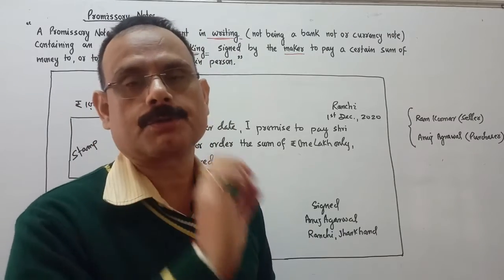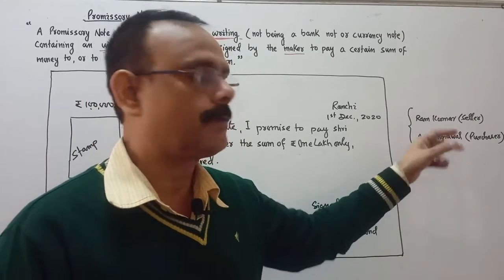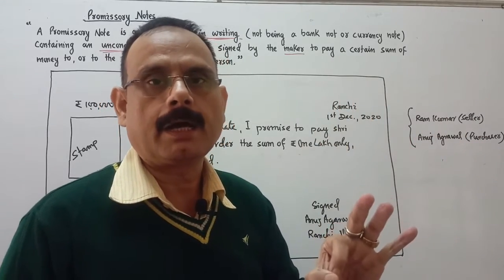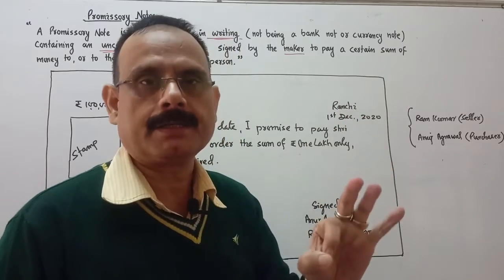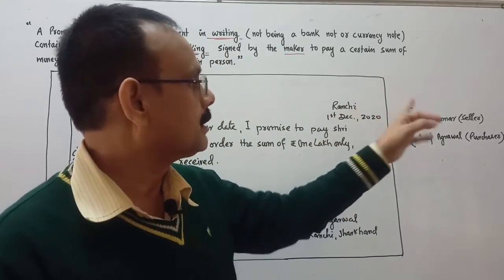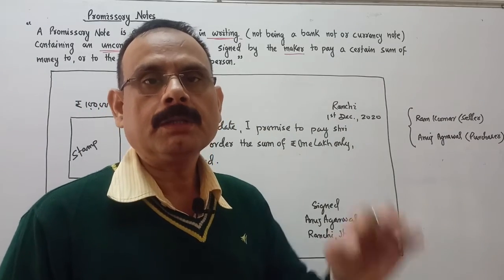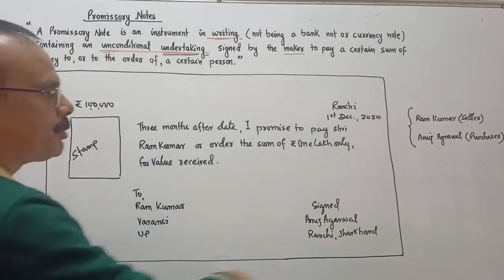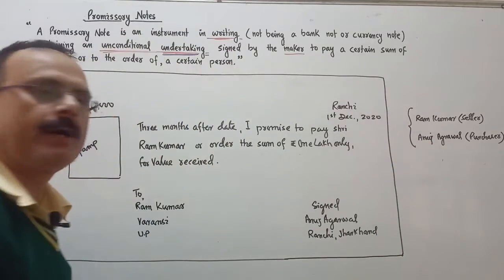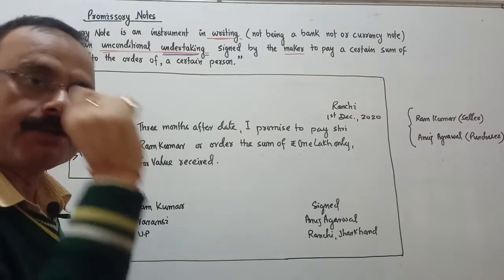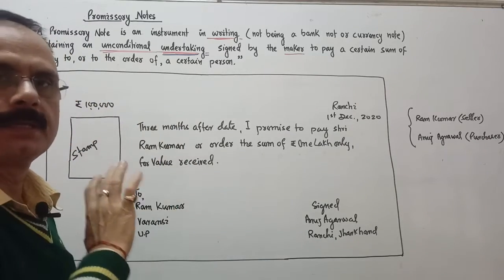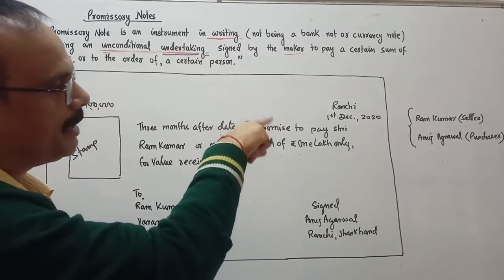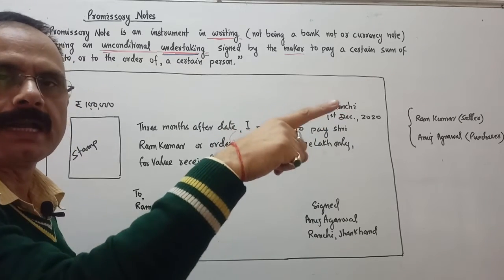Anuj Agrawal promises to pay the amount of the bill to Ram Kumar on the due date, on the terms mentioned. Suppose the amount of the bill is 1 lakh, goods sold by Ram Kumar to Anuj Agrawal of rupees 1 lakh on credit.